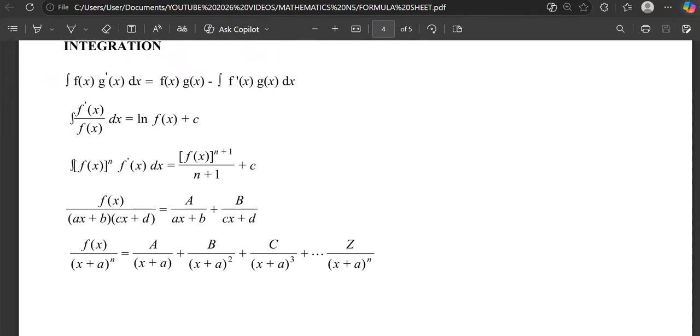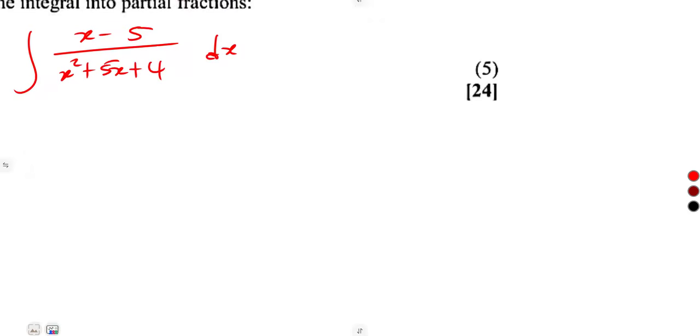If you are given f of x over this, where we have linear factors, we can separate a over the first bracket plus b over the second bracket. If it is repeated linear, you're going to use that up to that exponent. But in our case, we have to factorize so that we can see if we are going to have a repeated linear or just direct linear factors.